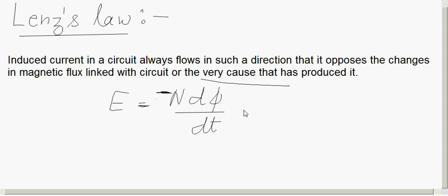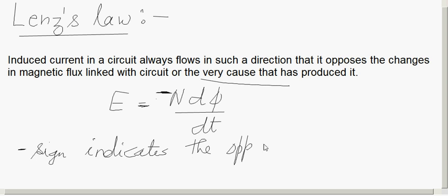The minus sign indicates the opposing nature of induced EMF.